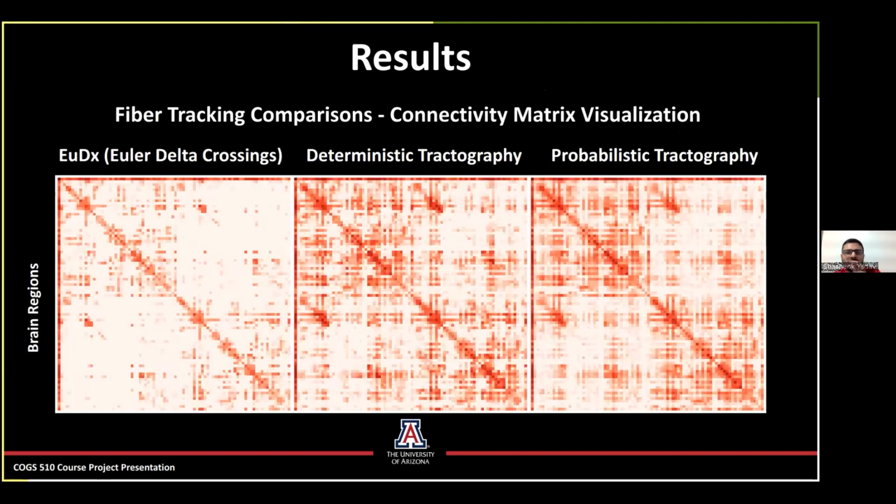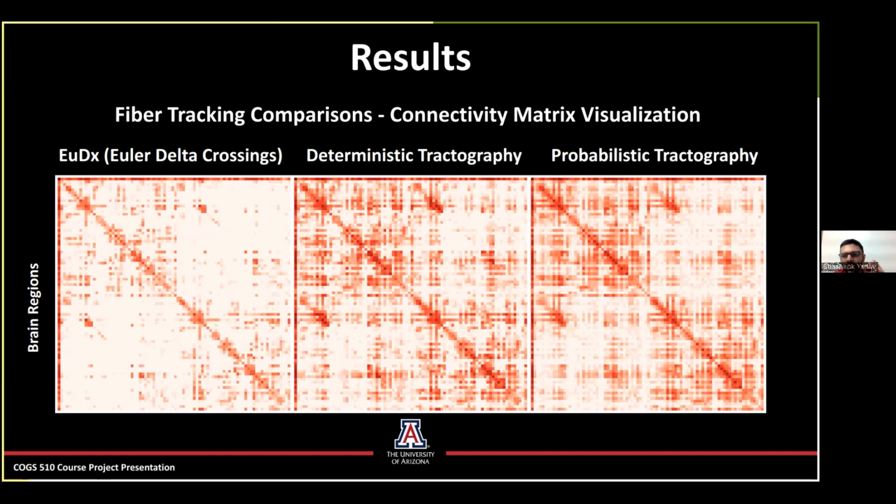And this is just a comparison of the connectivity matrix between all the three different algorithms we have used. So you can see some slight difference between the Euler delta algorithm, the deterministic and probabilistic. If you look at some of the regions and some other corners, you would find that there's some subtle difference between all these three.